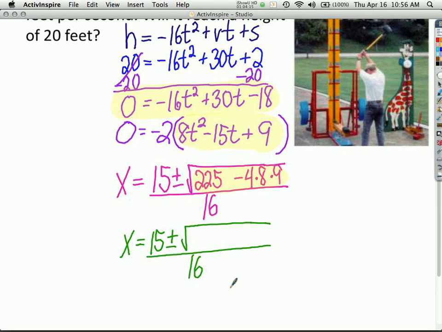What do we get for the result of doing 225 minus 4 times 8 times 9? What do we get? I should have asked it differently. Give me a thumbs up if you've got the result. I got 1 person, 2 people, 3, 4 people. Okay, I apologize. Take another moment. 5 people, 6 people.